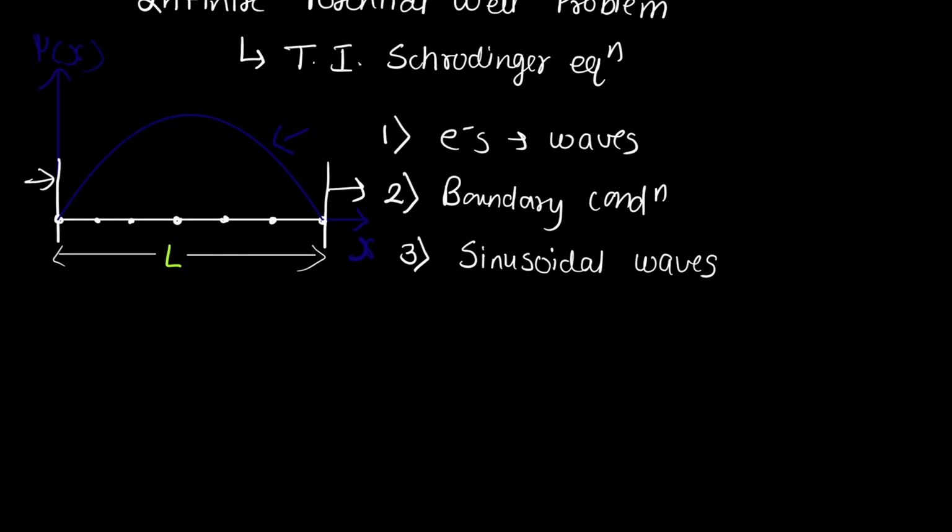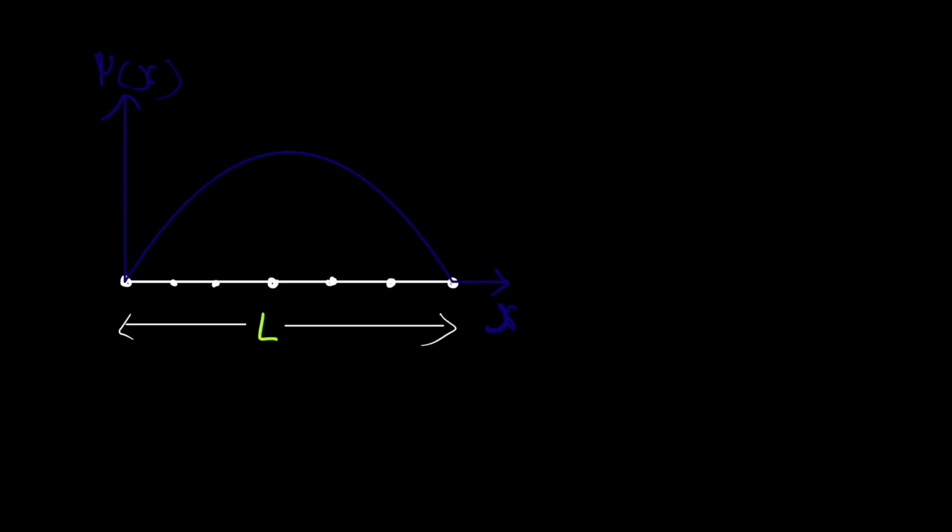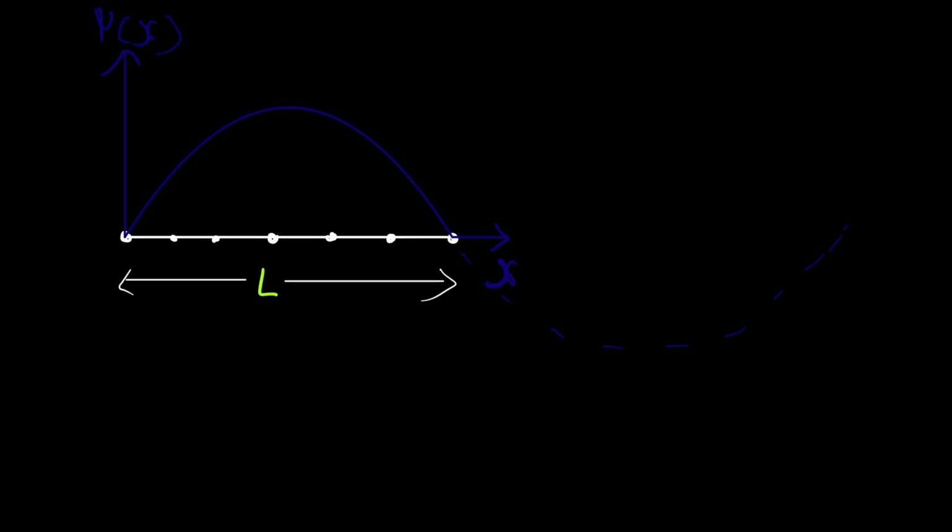Okay. Now let's try to find what is the frequency of this particular electron wave. For that, let's draw this figure in a larger area. Now we can see that half part of the wave is occupied by the whole lattice. So the half of the wavelength is equal to the length of the lattice, which can be written as an equation as lambda by 2 is equal to L, which gives lambda as 2L.